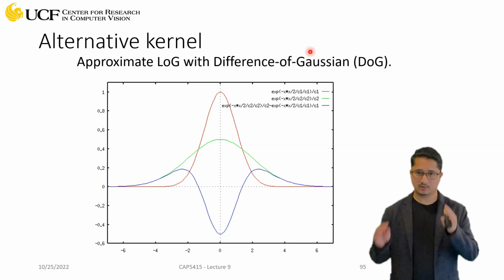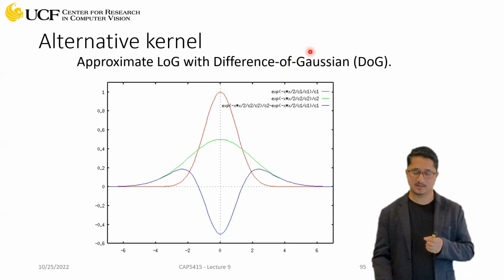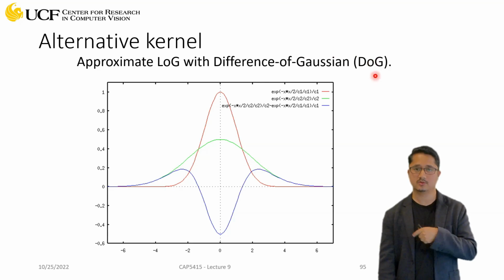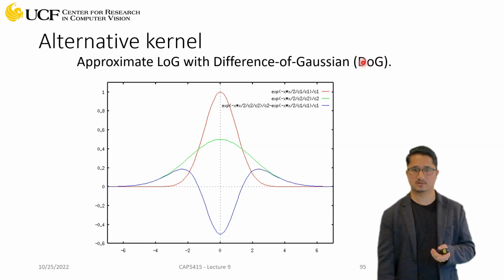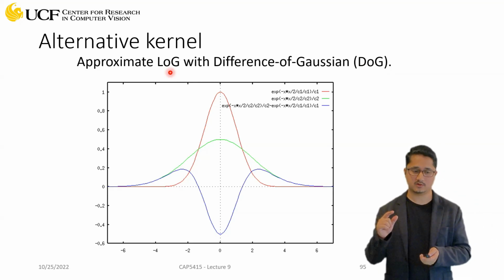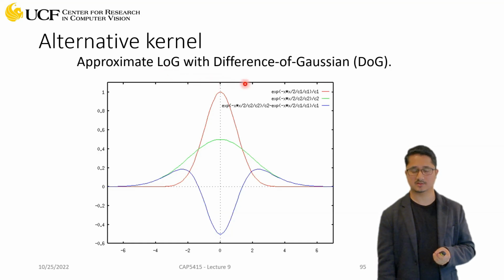Because you have 2 different Gaussian curves, you just take the difference between those 2, and that gives you the DOG filter. It's interesting because you don't have to compute derivatives anymore. To compute LOG, you have to compute the second order derivative of your Gaussian function, which is computationally expensive. So if you want to save some cost, this is a very interesting trick. Let's try to understand how a DOG is actually an approximation of LOG.